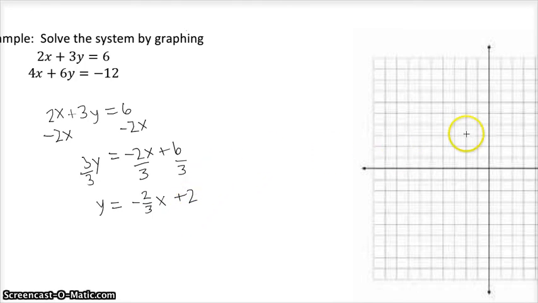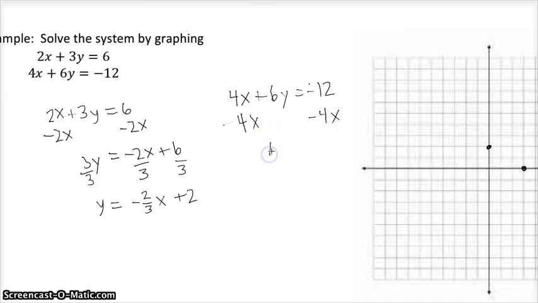So I have my line here. I'm going to start at a positive 2. I'm going to go down 2 to the right 3. So those are 2 points on the line. I'm going to connect them a little bit later. Now I'm going to do the exact same thing with this second line. So I'm going to graph this. I need to solve for y. I'm going to subtract 4x first.